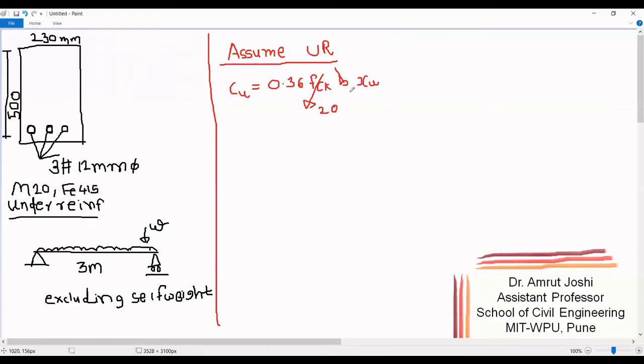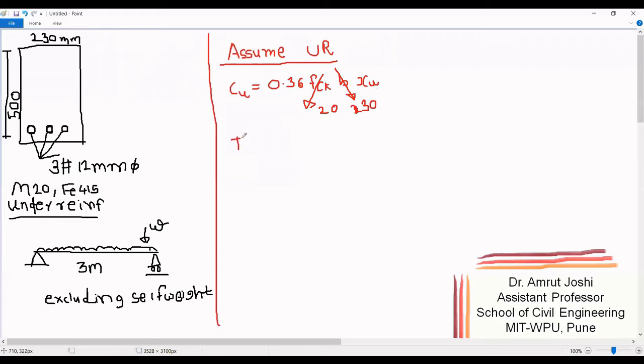Value of b here is 230. Mind you, everything we are substituting in the units of Newton and mm. So this is 20 MPa, that is Newton per mm square. This b is 230, 0.36 is constant, and xu is to be evaluated.